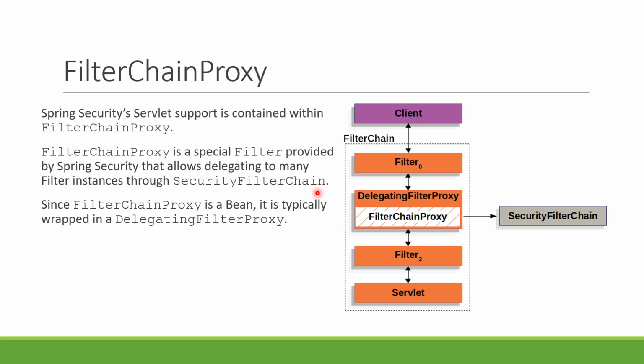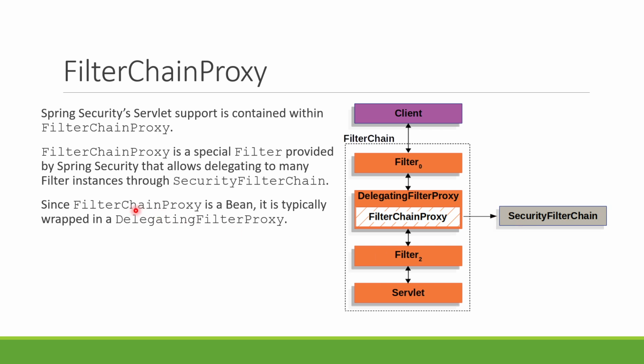This FilterChainProxy itself also doesn't actually do authentication and authorization, and it will delegate the work to a collection called a security filter chain. This security filter chain is going to contain a bunch of filters.